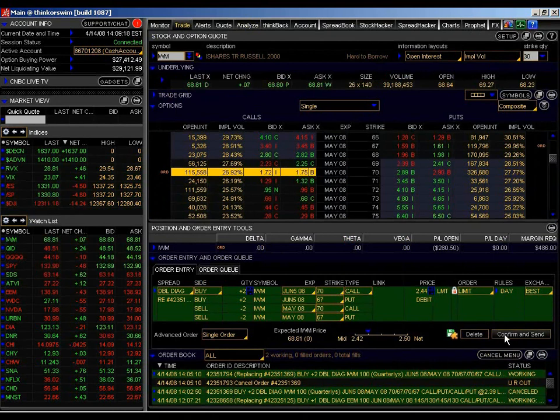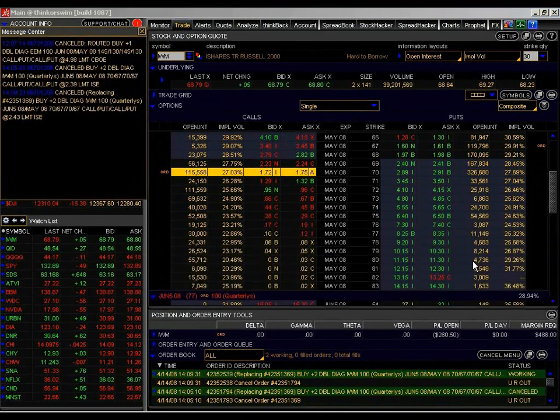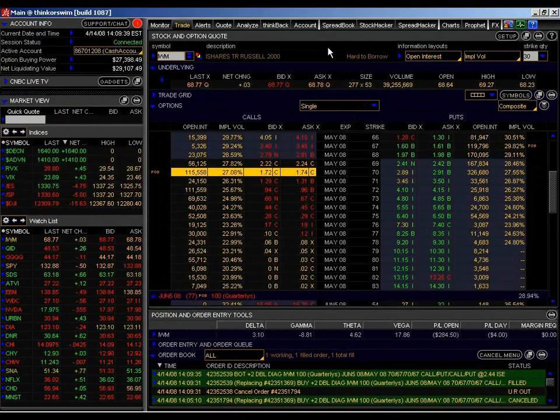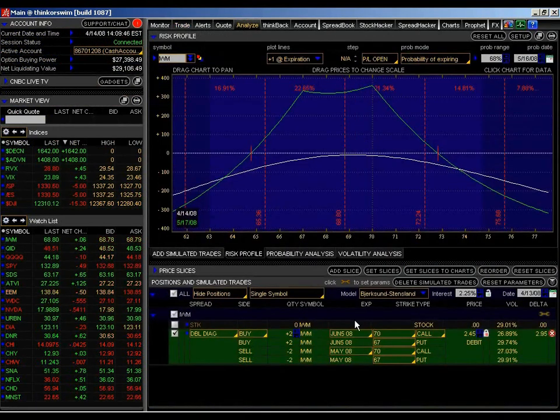If we go up to 244, we should get hit very quickly. Yep, we got filled. So, you just have to kind of take a look at your positions once in a while and just kind of manage those.